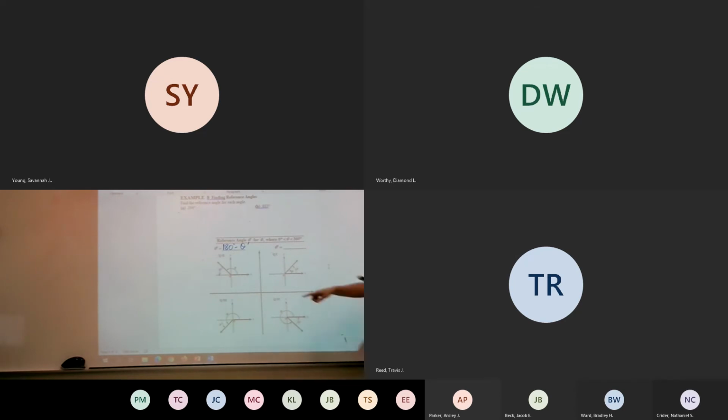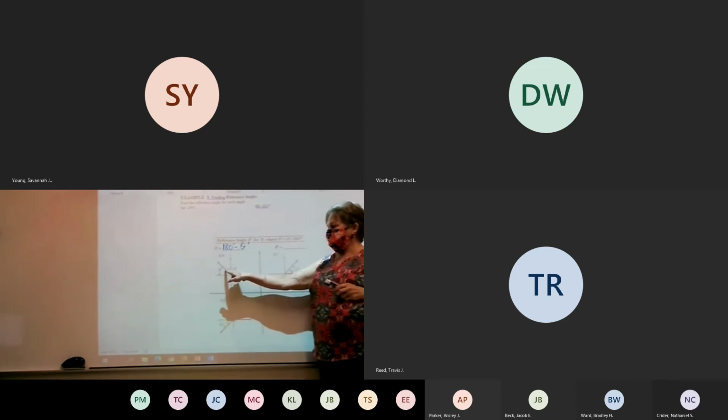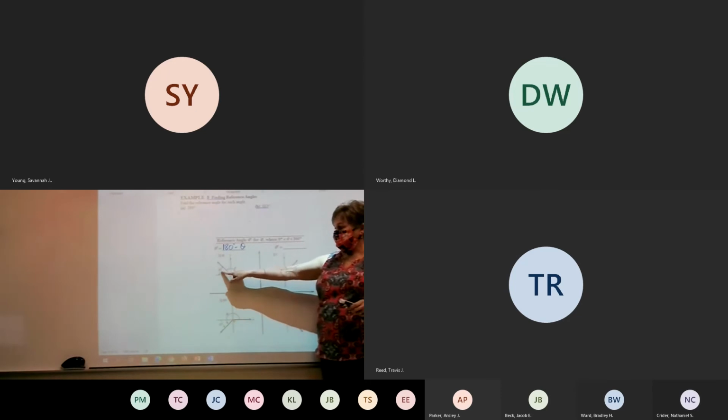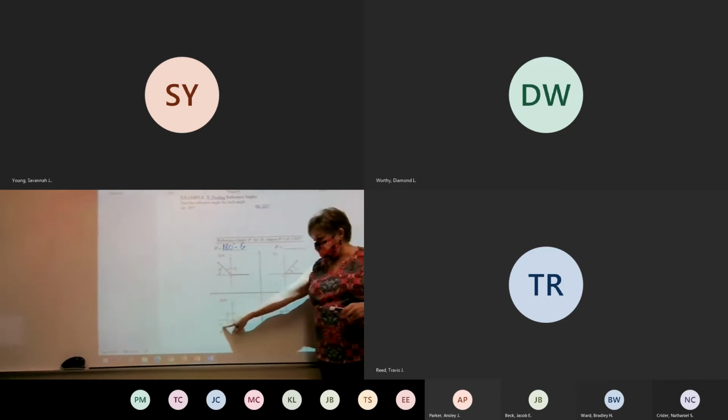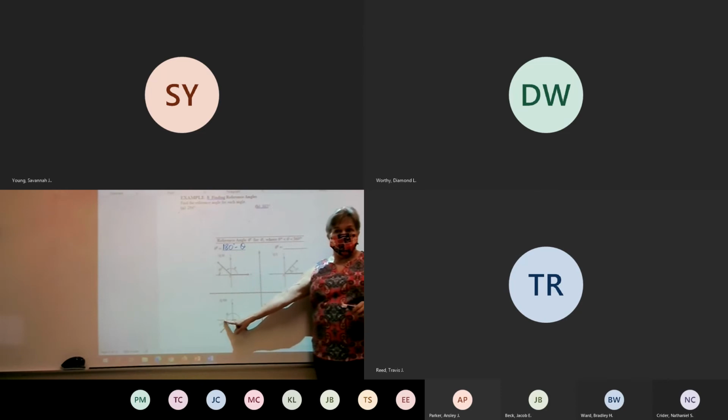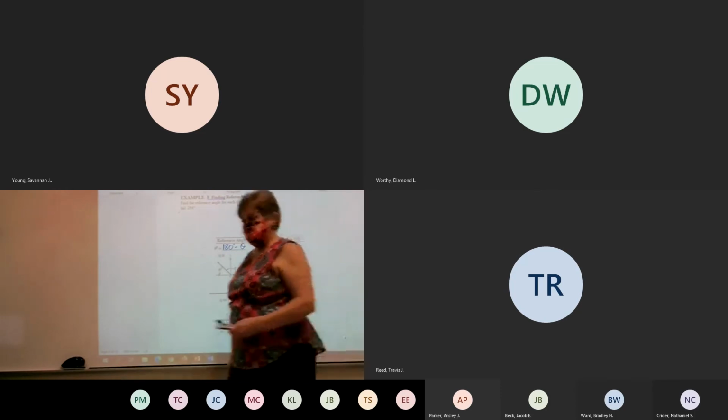So here, remember, I wanted to do 180 minus theta, and that gave me this reference angle. Here, I'm going to say 180 plus my theta equals that angle. Is that my reference angle?